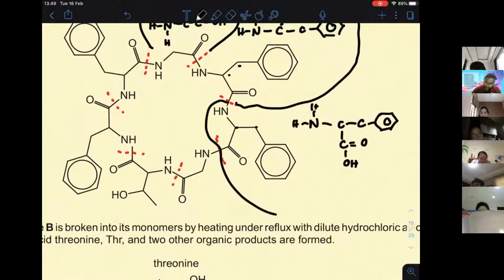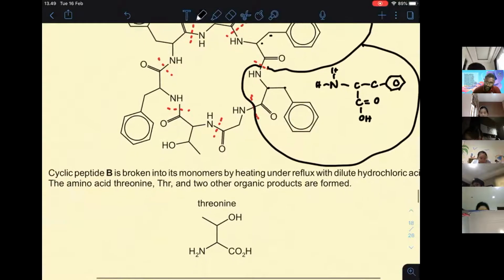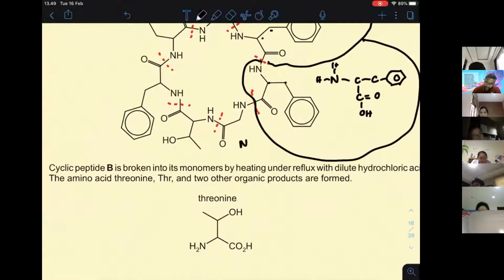So this one belongs to this. Then NH2 bonded to this carbon, then another carbon, double bond O, OH.